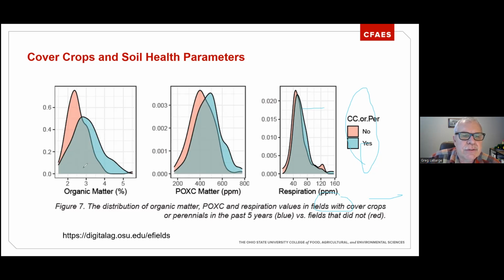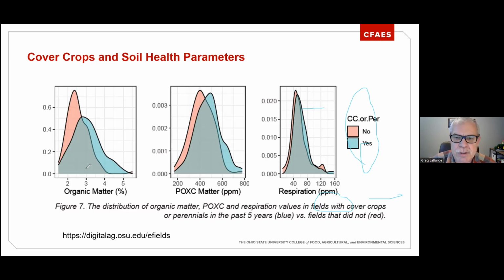Compared to the red area, where we don't have any cover crops in the field comparison, basically what we end up with is a shift to the right and a higher average organic matter, a higher distribution of organic matter within fields with cover crops.